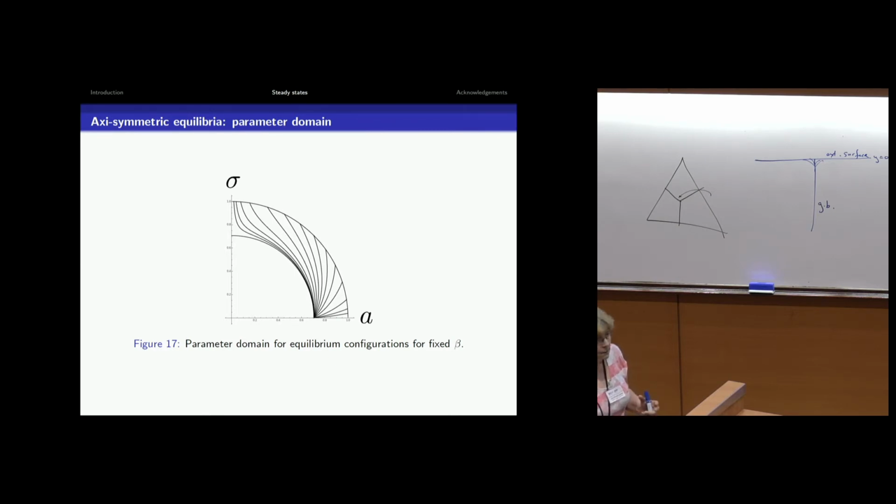They correspond to a contact angle of 45 degrees or a bit less. And there you have minima which are not on this end and not at the other end. So these are physically non-trivial states.